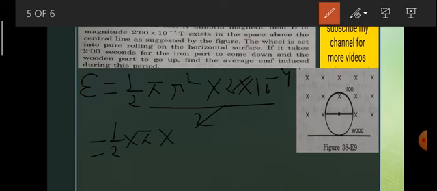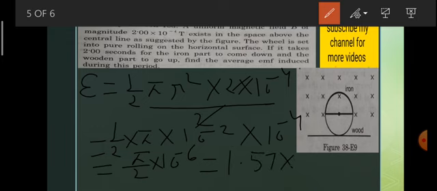Convert it into meter, so it will be 0.1 or 10 raised to power minus 1. Square of radius is 10 raised to power minus 2 and 10 raised to power minus 4. So on solving this, it will be pi by 2 into 10 raised to power minus 6, and the answer will be 1.571 into 10 raised to power minus 6 volt. So this is our average EMF induced during this period.